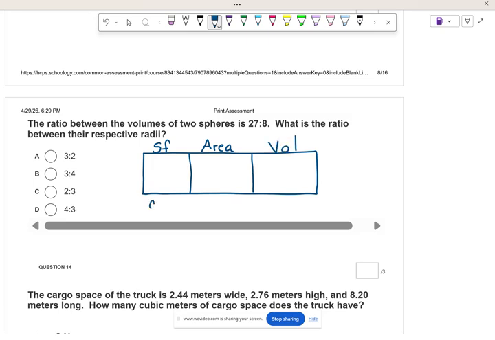The scale factor is just A to B. The area is A squared to B squared. And the volume is A cubed to B cubed. We have to decide, where do we put the 27 to 8? That's the volume ratio. So 27 to 8 is going to go in the last column.